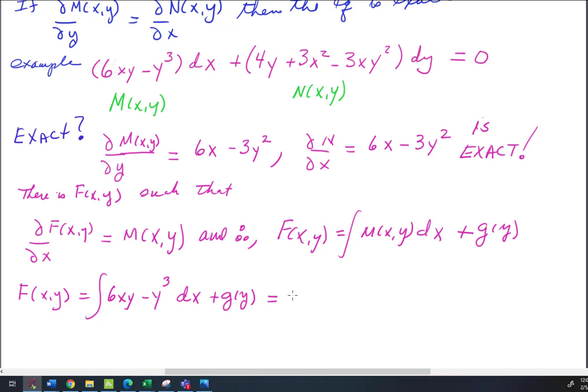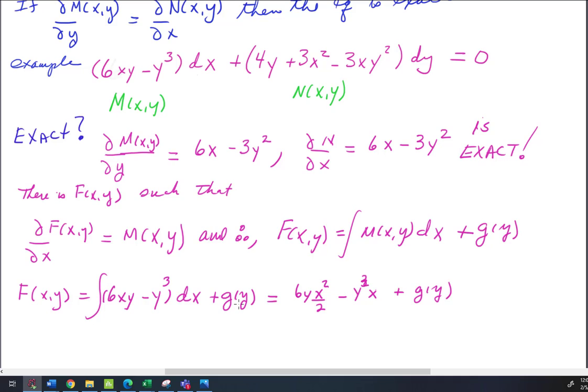So this would be 6y x squared over 2 minus y cubed x, plus g of y.